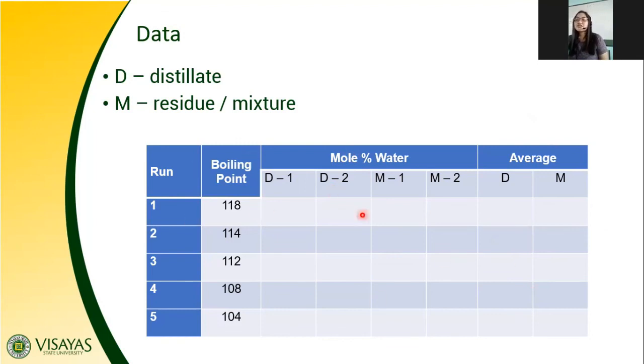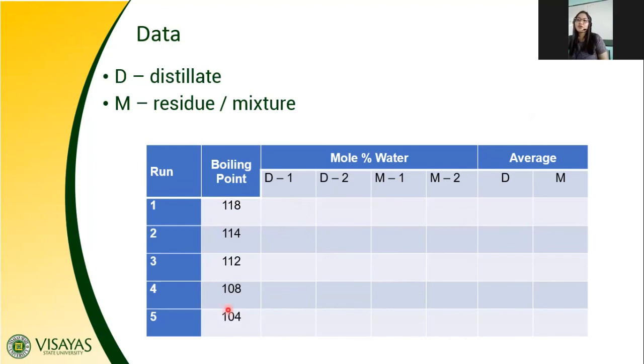After getting these tables, you are going to make a binary phase diagram, a temperature and composition phase diagram, out of this data.